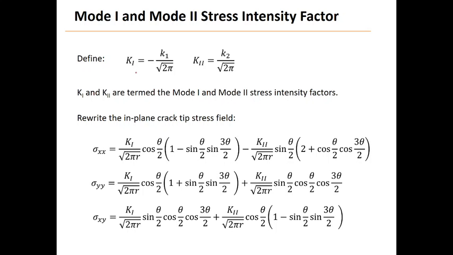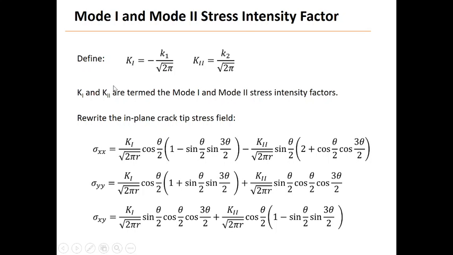Remember that in the stress field in the case of mode 1 loading, K2 is 0, so the only thing that matters is K1. Therefore, we write big K subscript 1 instead, and their relation is this. There's nothing physical about why we have to put in the square root of 2 pi here. It's just a convention from when the theory was developed, so we keep that until today, and we call that K1.